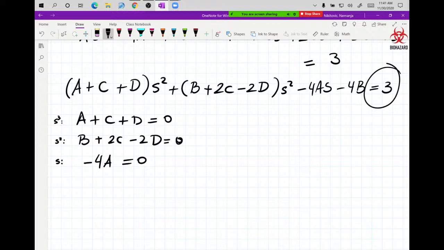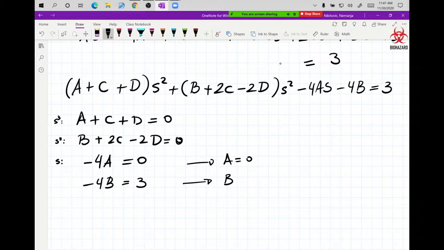And as you can see, when you have a 3, you don't have any s cubed or s squared, so they're all zeros. And the only one that you have is negative 4B equal to 3. So from here, you know that your A is 0. And from here, you know that your B is negative 3/4.